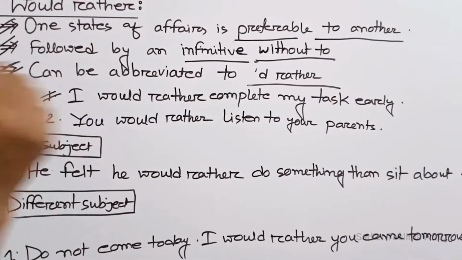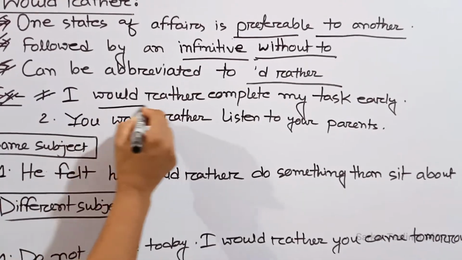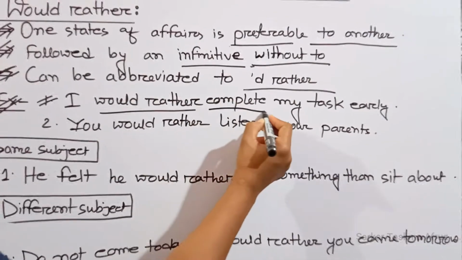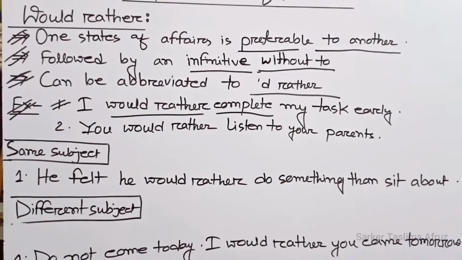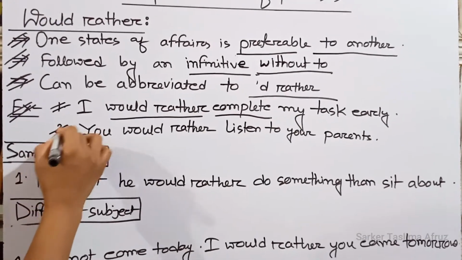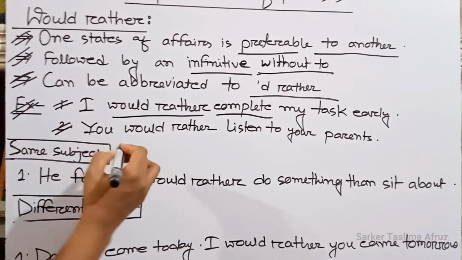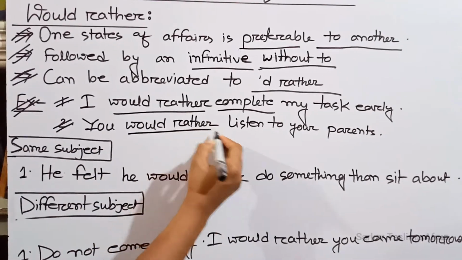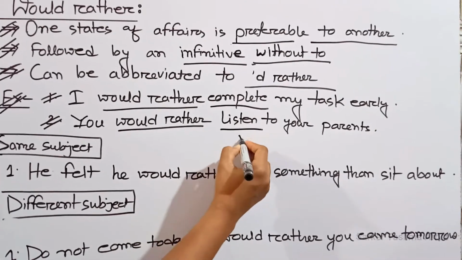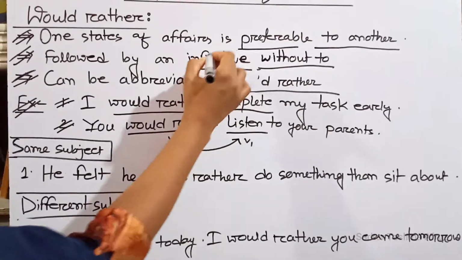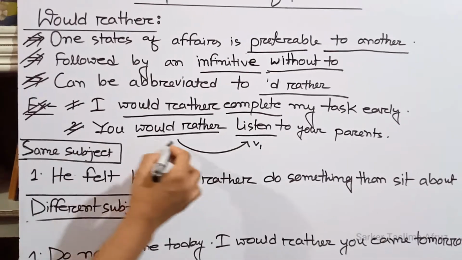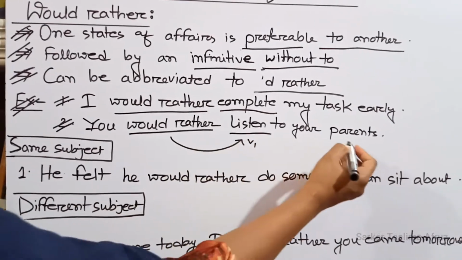Here you can see would rather, and after that I use here complete, that means V1. My next example, you would rather, here would rather and V1. Earlier I said you, so you would rather listen to your parents.